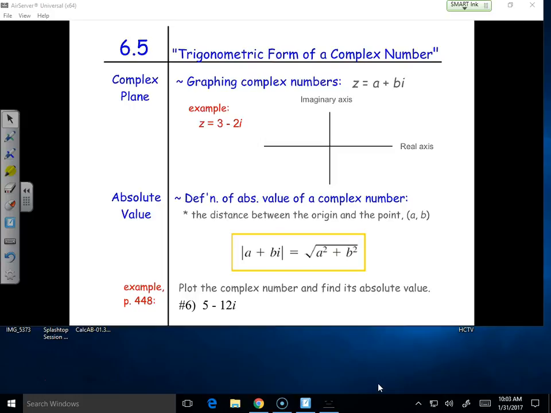6.5, we return to complex numbers. It doesn't correspond. And I'll show you why as you guys are chilling and writing notes. How does this relate to what we've been doing?